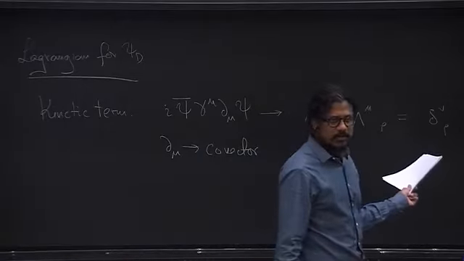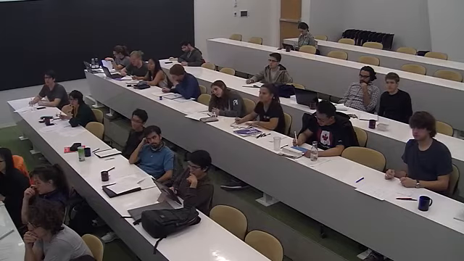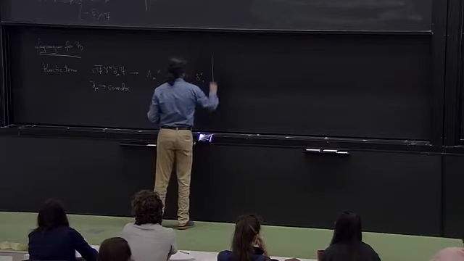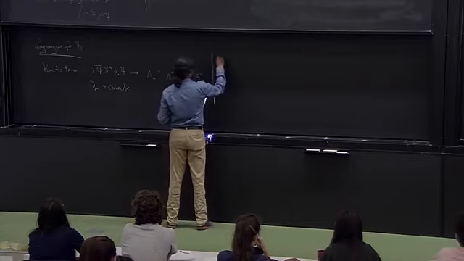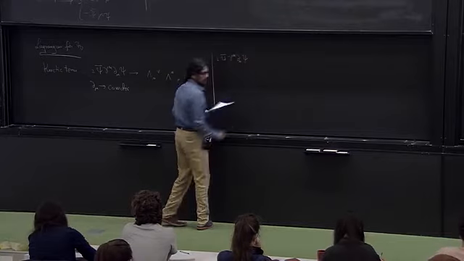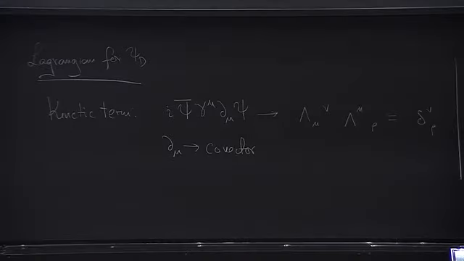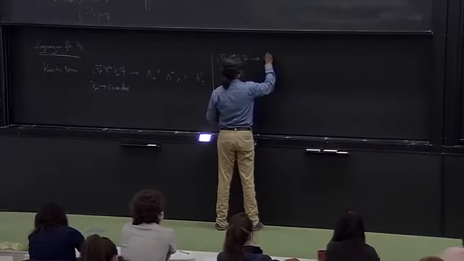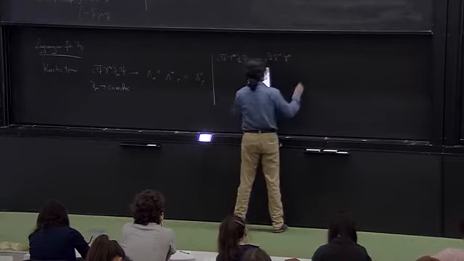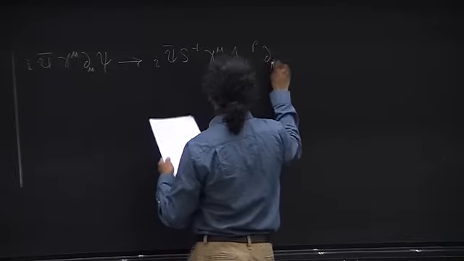Do you want me to show this calculation? Okay, let's just do this, save some time, right? So we have psi bar gamma mu delta mu, because this is a question I'm going to ask you in the interview, so it's worth doing. So this goes like i psi bar S inverse. Gamma mu doesn't change. The derivative operator becomes lambda mu rho, delta rho.